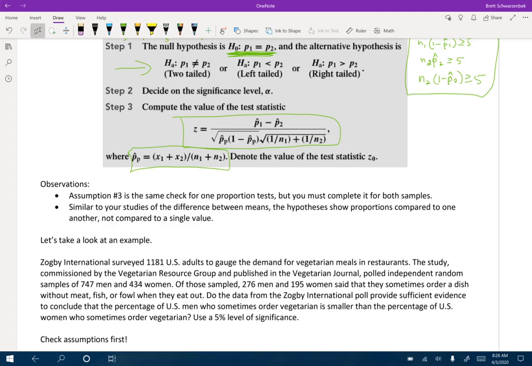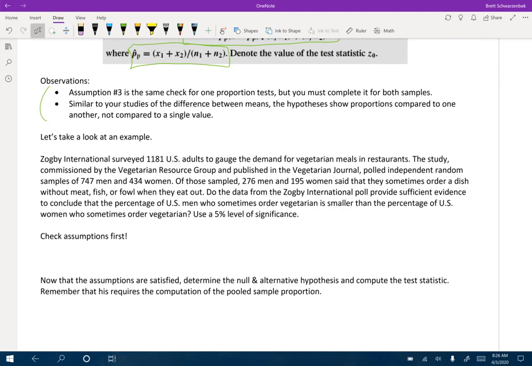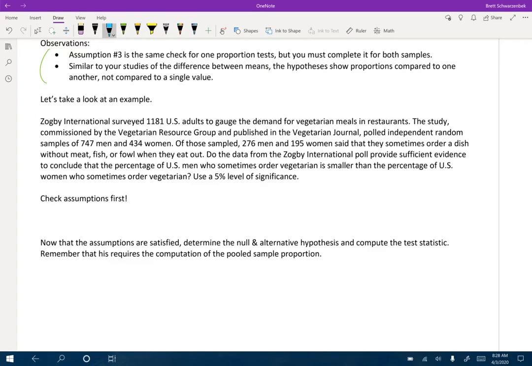Okay, so we already covered this, so it's all about starting with an example. Zogby International surveyed 1,181 U.S. adults to gauge the demand for vegetarian meals in restaurants. The study, commissioned by a resource group and published in a journal, pulled independent random samples of 747 and 434 men and women.